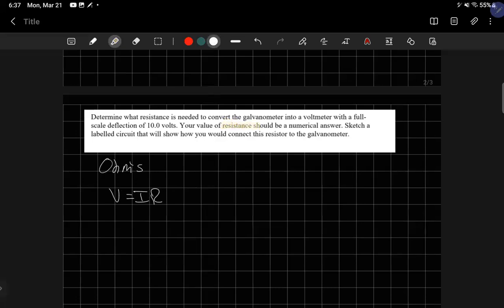So where was I at? Wait, pen. I know that the voltage in my galvanometer is 10. And that's going to be equivalent to the current in my galvanometer times my resistance.